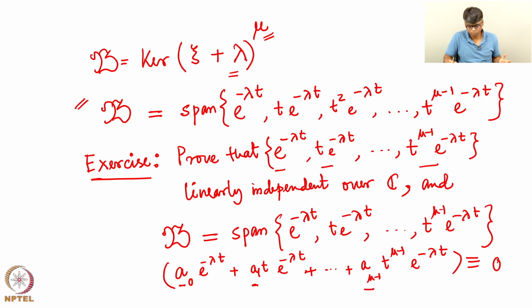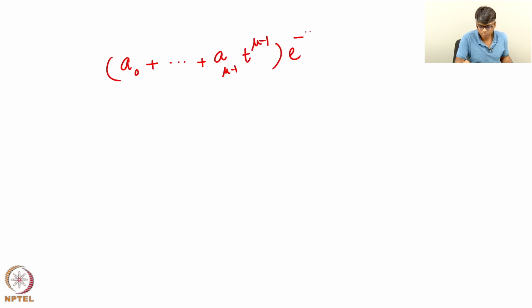How can you prove this? Just notice that this polynomial a0 plus dot dot dot plus a mu minus 1 t to the power mu minus 1 is times e to the power minus lambda t, and this is identically 0 for all time.